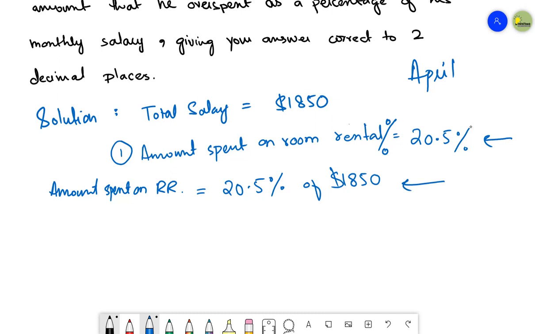Let's suppose $600, $700, we don't exactly know the quantity. So in order to find out the exact amount, we have to convert this percentage into the exact amount that he has spent for rent. So this amount has gone from his salary. So we will write 20.5% of 1850.